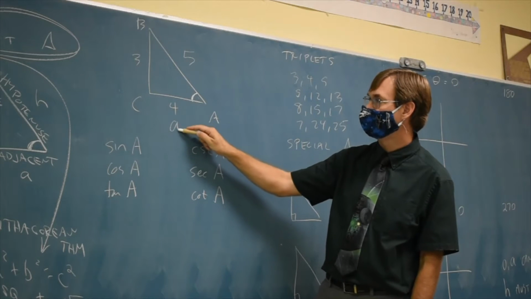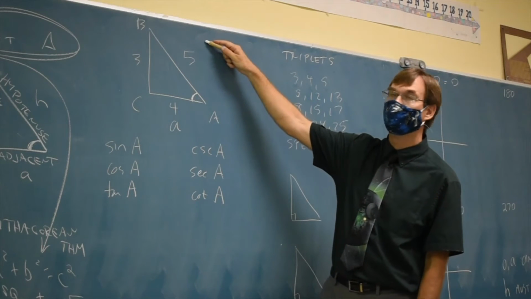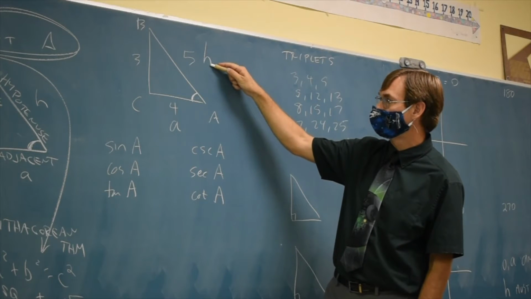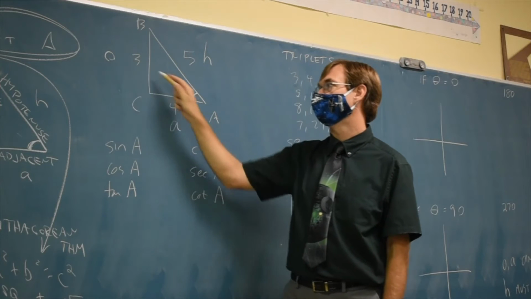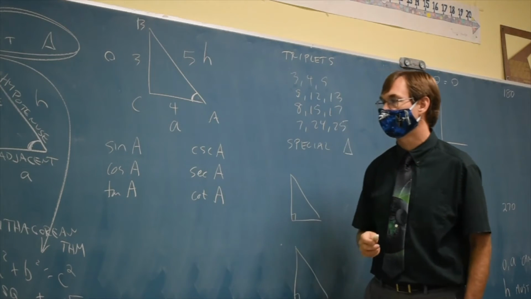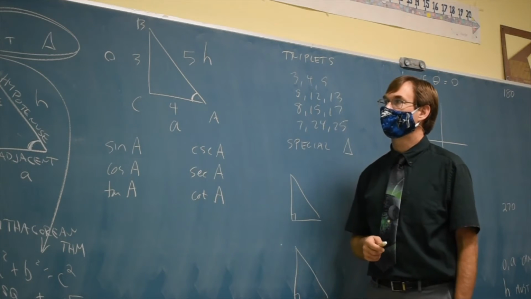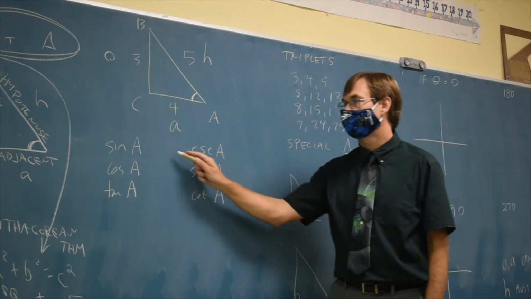The adjacent. This is absolutely the hypotenuse because it's the bigger one. So this must be the opposite because it's opposite the angle that I chose. Once you figure out who O, A, and H are, then hit the fractions up.